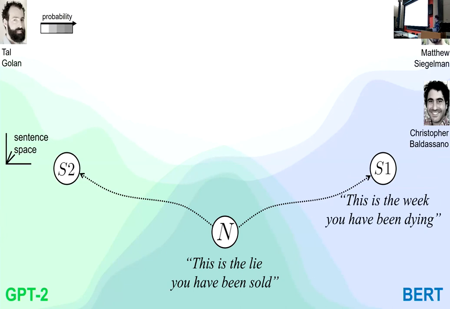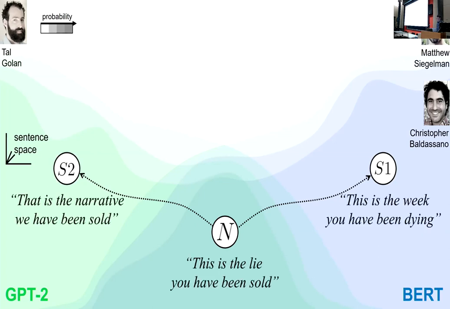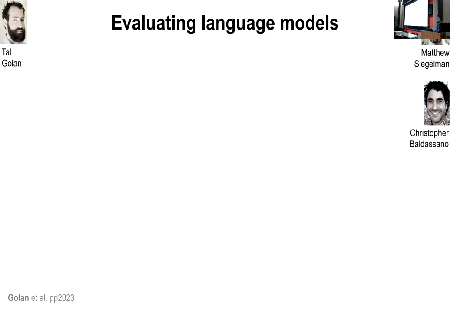Because of its meaning. And when we minimize the probability according to BERT while requiring that it be at least the same according to GPT-2, we got, that is the narrative we have been sold. So that's a perfectly natural grammatical sentence that's probably been uttered many times. So our subjects in this experiment tended to agree with GPT-2 here.